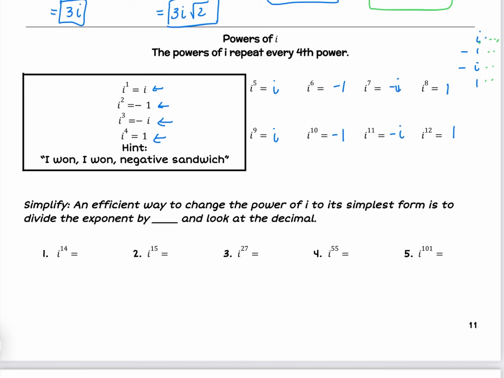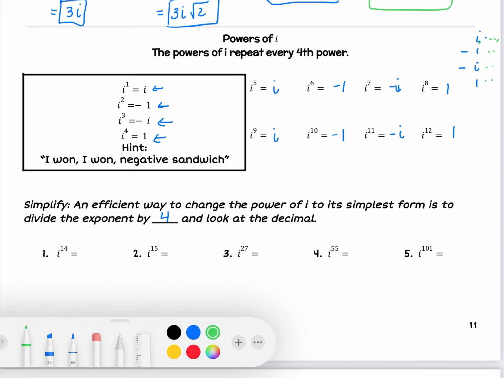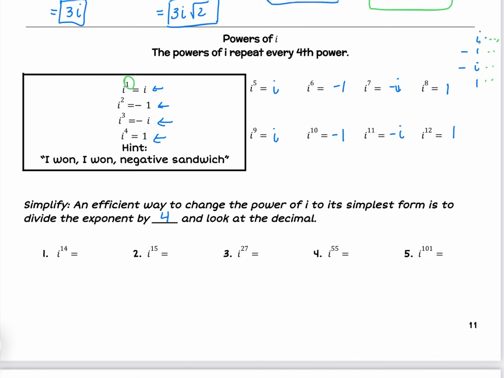All right, so we're going to simplify the following. These numbers are going to be way bigger. An efficient way to change the power of I to simplest form is to divide the exponent by 4, because we know it's going to repeat every 4th power, and look at the decimal. Let's go back up to our table. If we divide 1 by 4, we end up with 0.25.